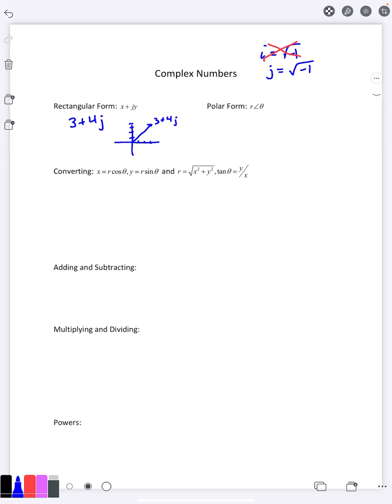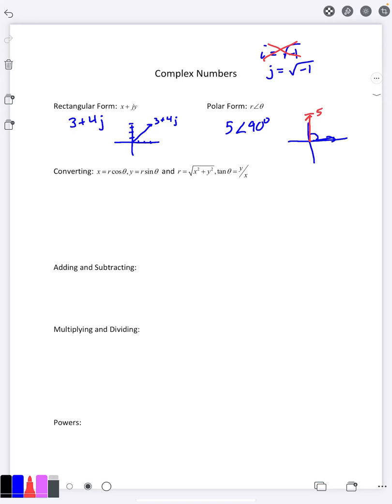An example of a polar form problem might be something like 5 angle 90 degrees. And what that means is you start in the positive x direction. You go whatever angle they tell you, in this case 90 degrees. And then once you've gone that direction, you go that many units, 5 up here.